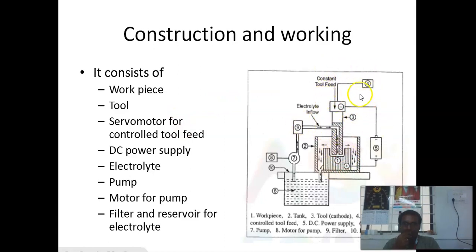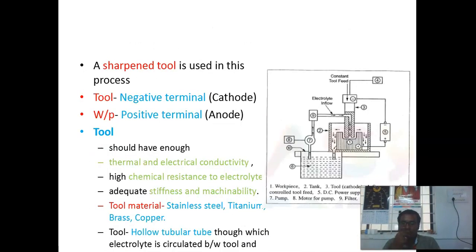These are some of the major parts of the electrochemical machining process. Once again: workpiece, tool, servo motor for the feeding mechanism, DC power supply, and electrolyte, which is fed to the tool with the help of the pump through the motor, and passes to the tool through the filter. These are the major parts of the process.